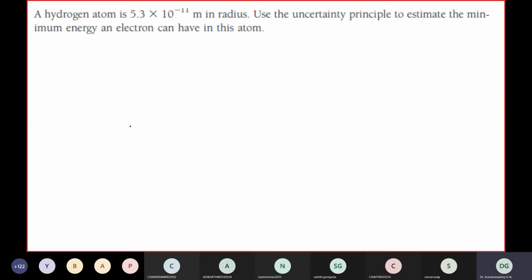Okay, so how to go about? So what is given? Delta x is given.